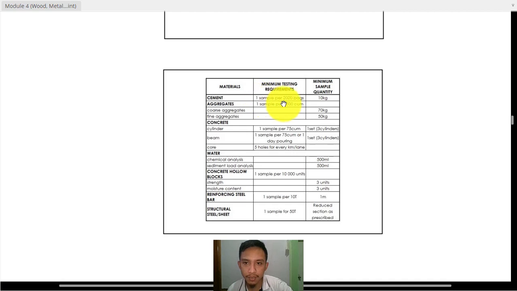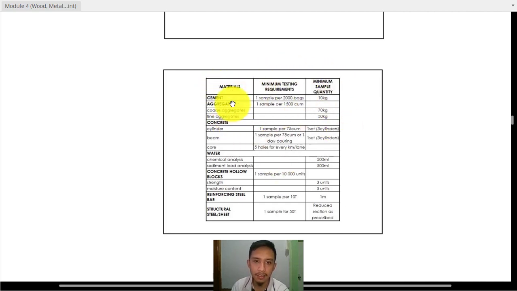One sample is equivalent to 10 kilograms. So for 5,000 bags, we need 3 samples at 10 kilograms each, therefore 30 kilograms for testing. That is how to use this table.